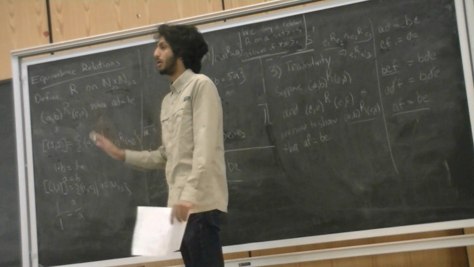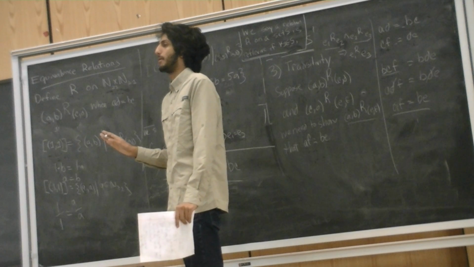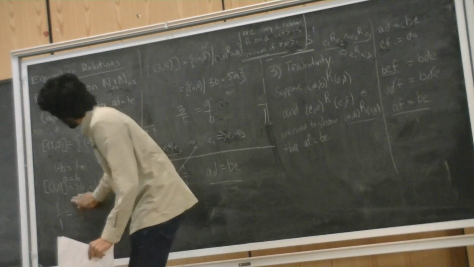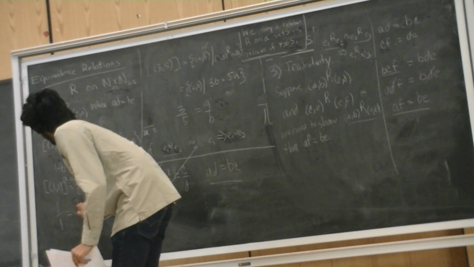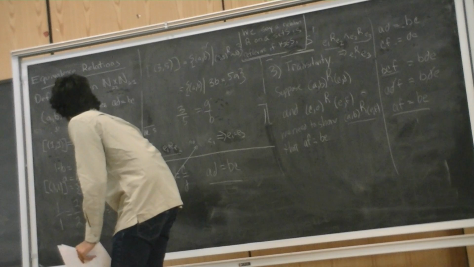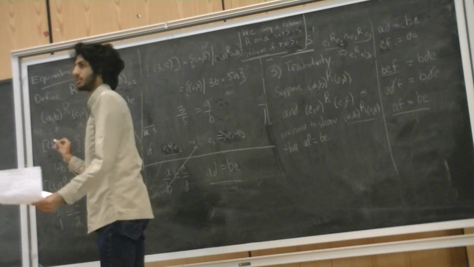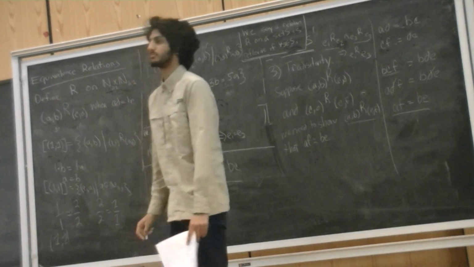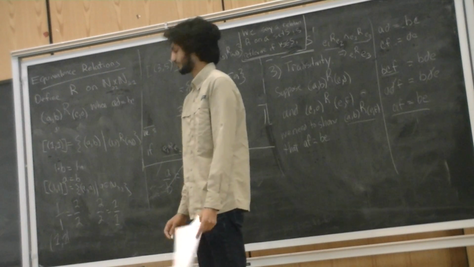No. Why do you think? Let me give you an example. 1 over 1 relates to 2 over 2, and 2 over 2 relates to 1 over 1, or in the non-fraction language, (1,1) and (2,2) are related both ways. Oh, right. Make sense? Yeah.